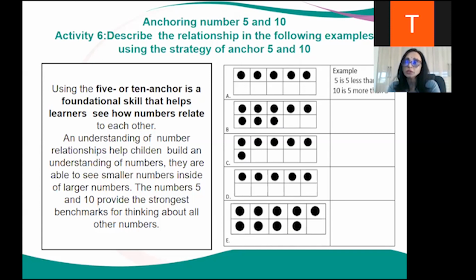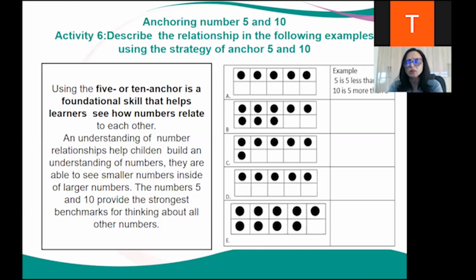Now, I would like you to see the first example. On the right, what you would see are the 10 frames. So in example A, you will see there are 5 counters in the top 5 frame, and the bottom 5 frame is blank. So what it actually means is that 5 is compared to 10, or we can say that 10 is compared to 5.